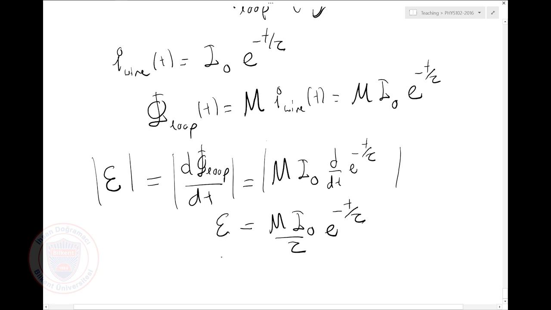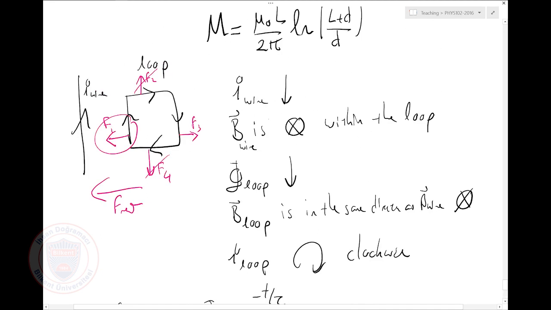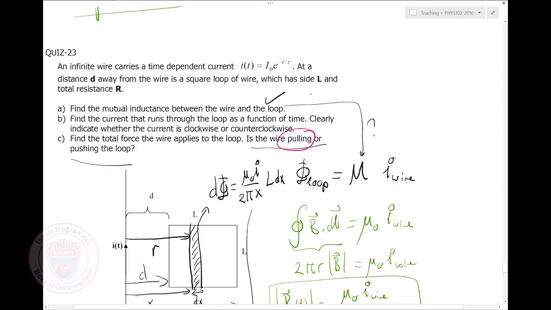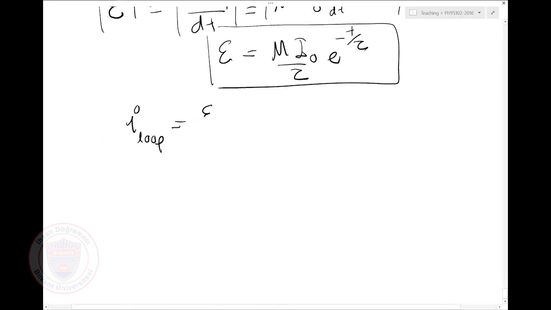So that's the electromotive force. What's the current? Thankfully, the question actually supplied the total resistance of the loop. So the current will be just epsilon divided by R. So it will be M I0 over R tau e to the minus t over tau. Okay?